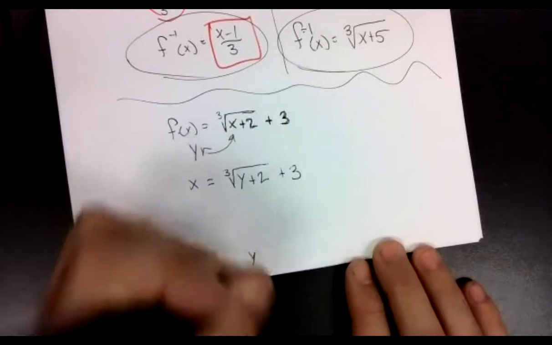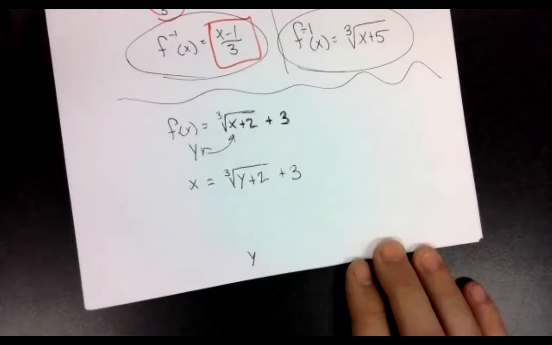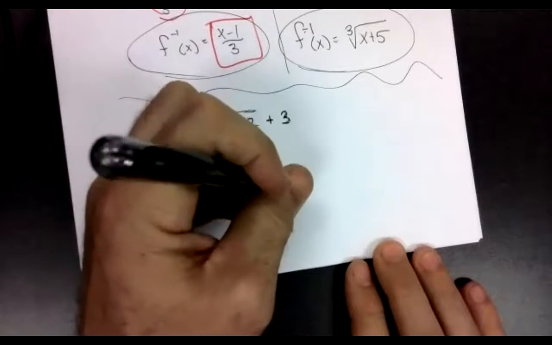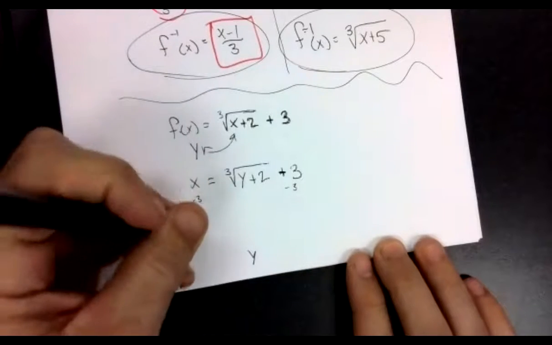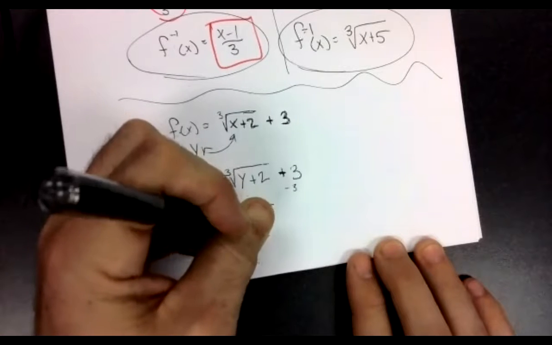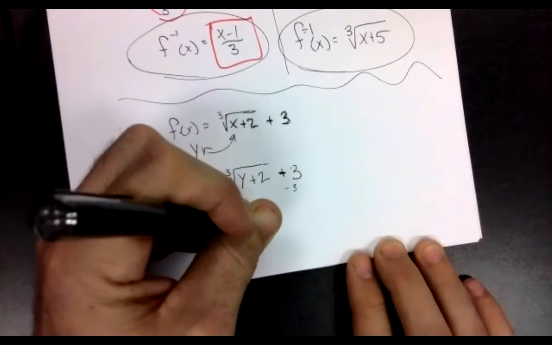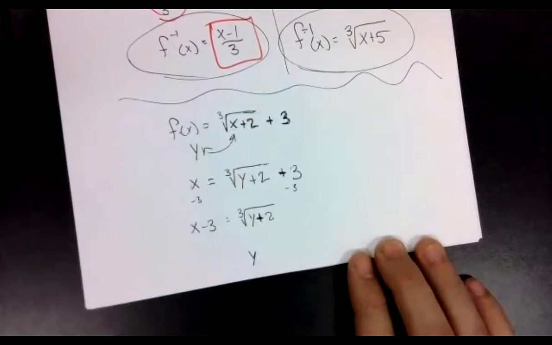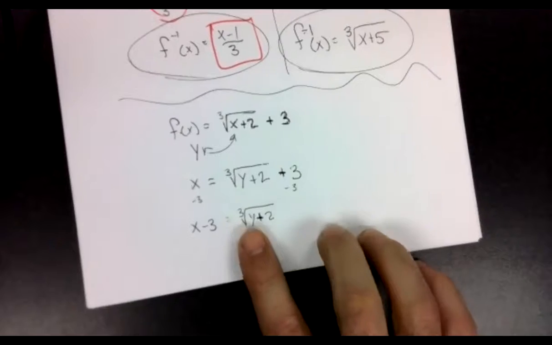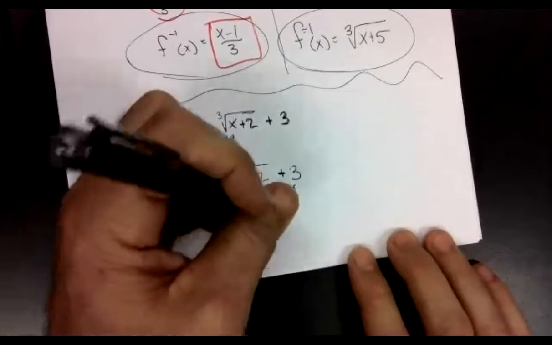And again, now I want to get the y by itself. So standard equation procedures, basically do the opposite here. So to get rid of a plus, we're going to minus. To get rid of the cube root, remember roots and powers cancel each other out.